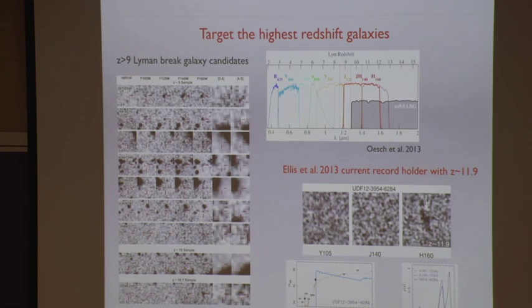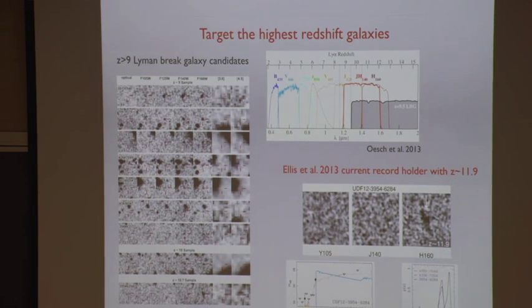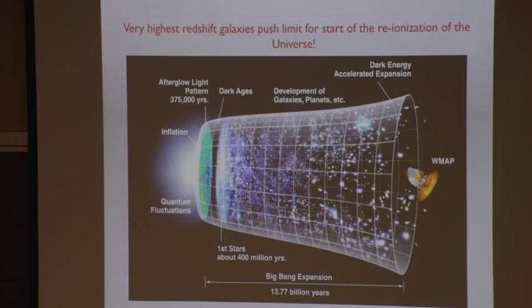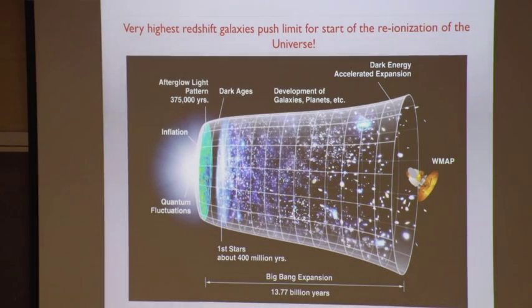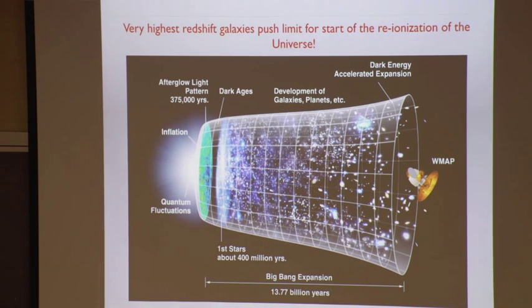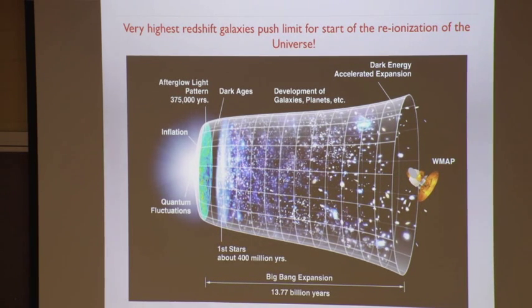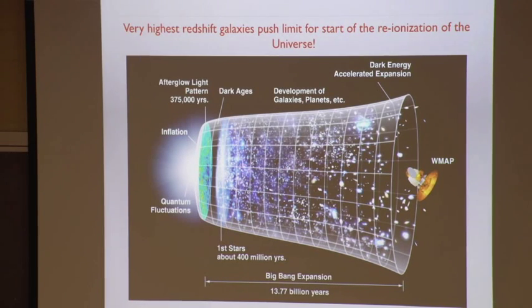Now, hunting for the highest redshift object is not just nice to have, it immediately gives us information about the evolution of the universe. If I go back to this picture from the beginning, what it does is push the limits for this transition, from the dark ages where the universe was completely neutral to where the first stars have formed and started to emit light.